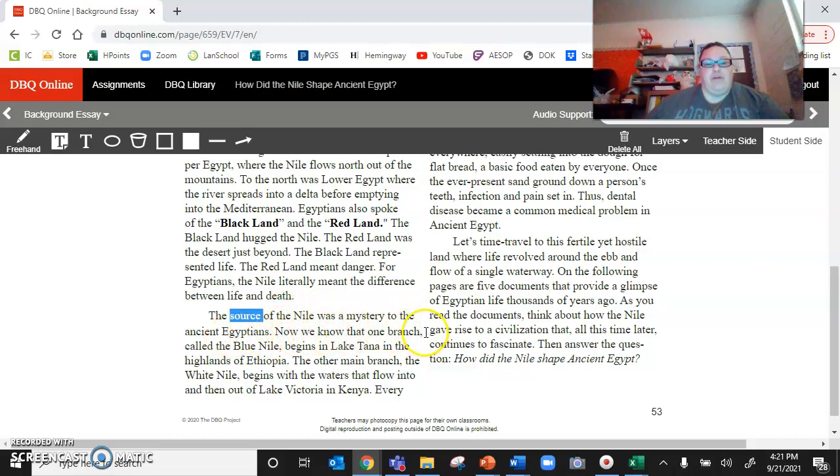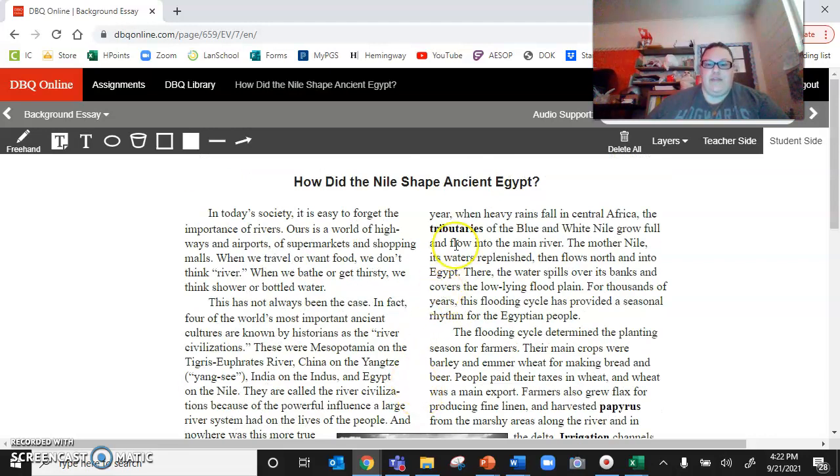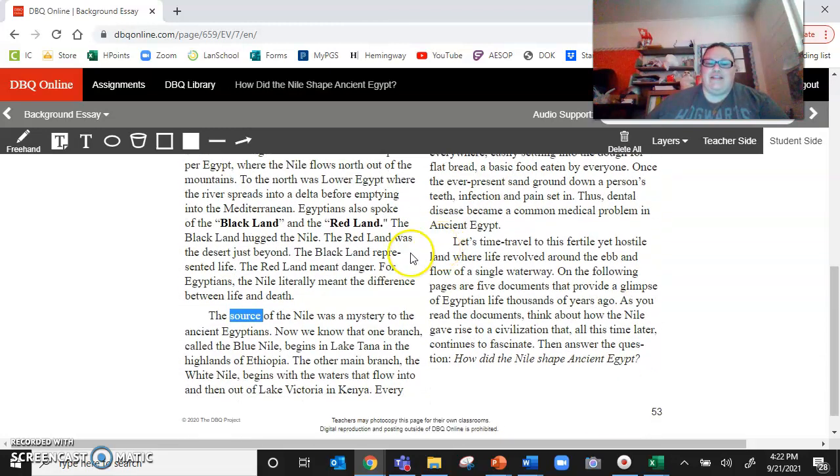Now we know that one branch, called the Blue Nile, begins in Lake Tana on the highlands of Ethiopia. The other main branch, the White Nile, begins with the waters that flow into and then out of Lake Victoria in Kenya. Every year, when heavy rain falls in Central Africa, the tributaries of the Blue and White Nile grow full and flow into the main river. Well, that last sentence doesn't really help us, but these do.